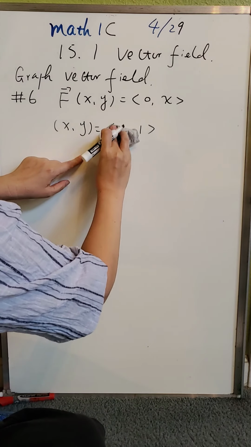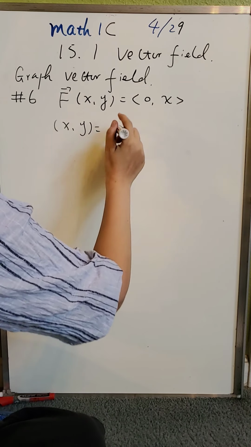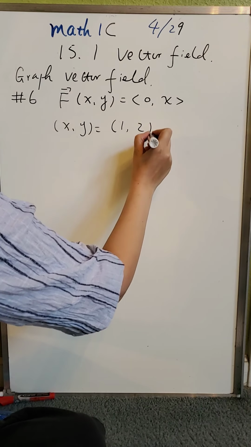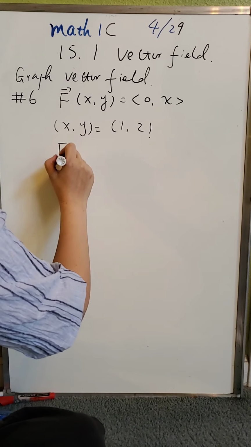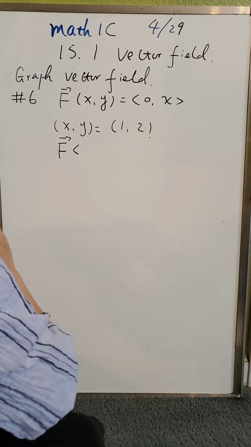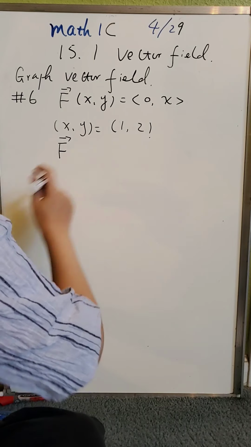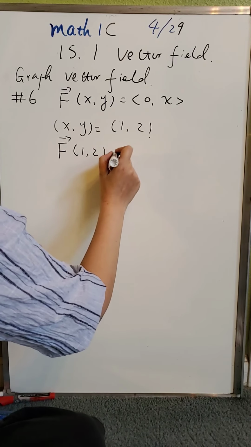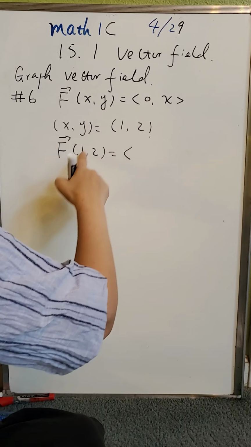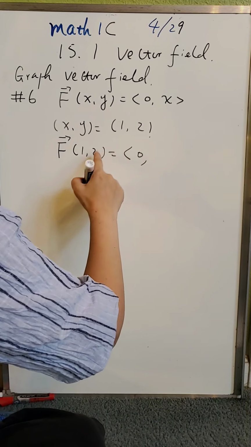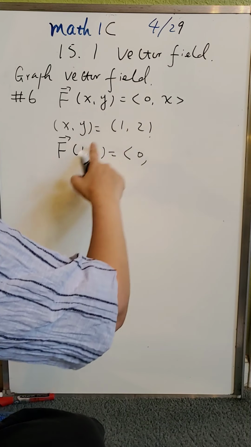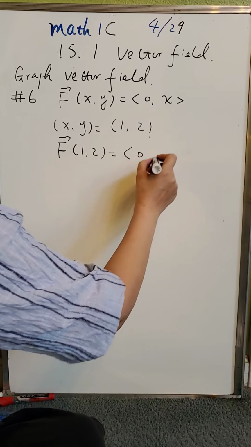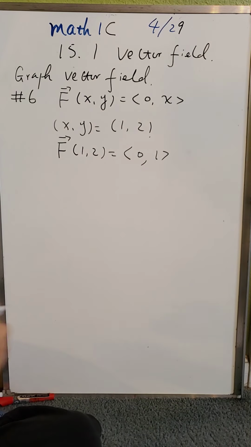I'm going to pick x, y equal to 1, 2. Then I put it inside here. So f of 1, 2 is equal to, it takes 1 to 0, takes 2 to x, so that means 2, 1. So this is x.